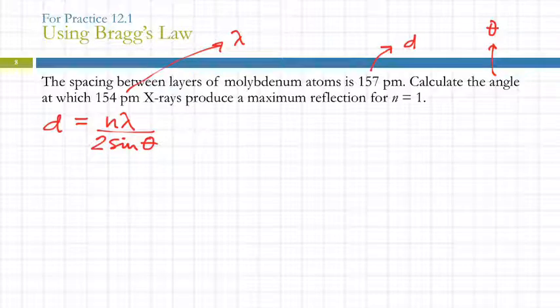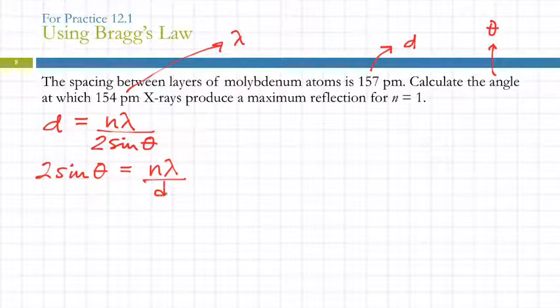So what we need to do is rearrange this equation. So we get 2 sine of theta is equal to n lambda over d. And I got that by swapping the numerator on one side with the denominator on the other side.